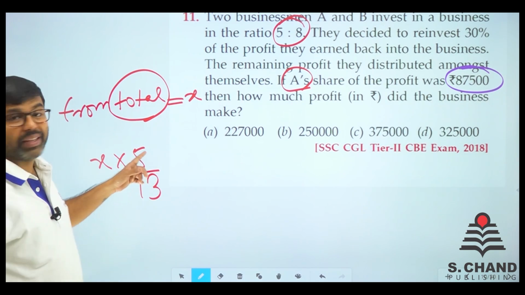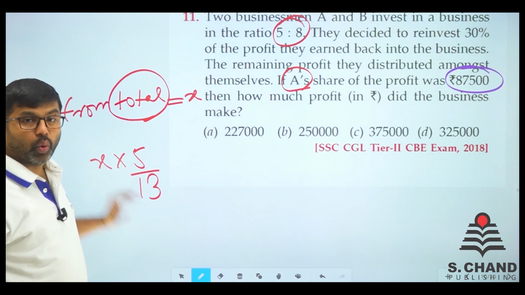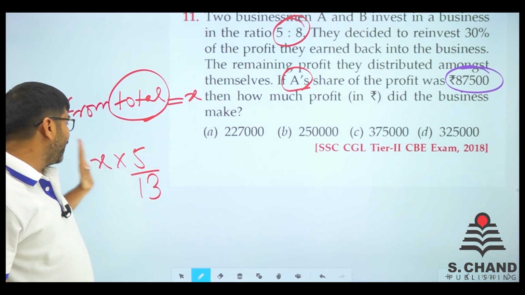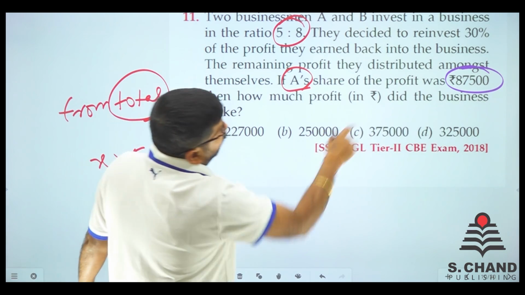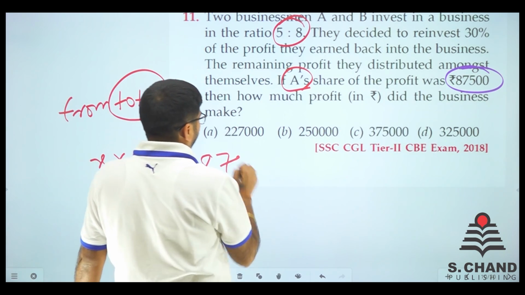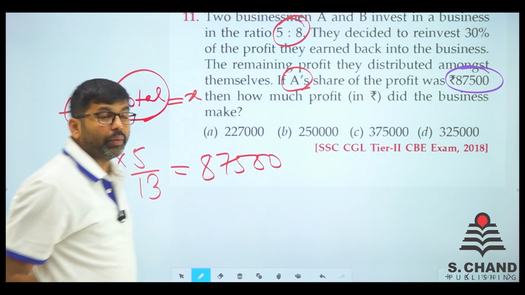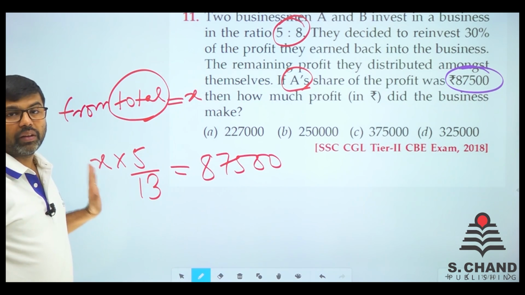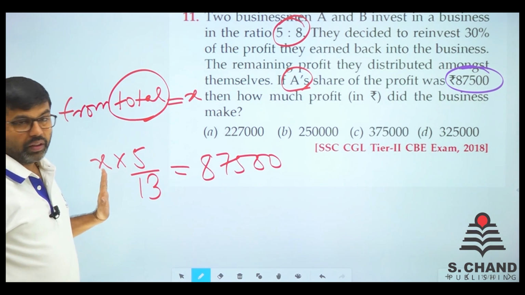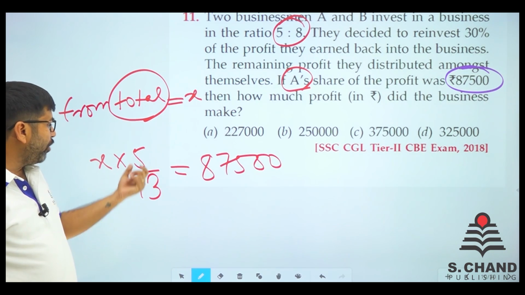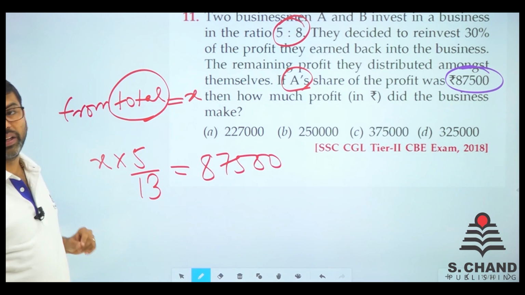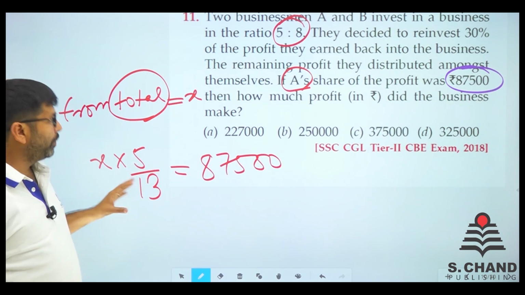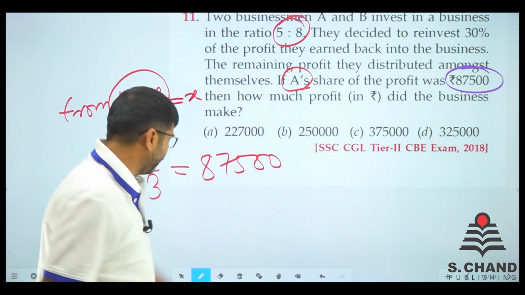See, 5 is A's portion, 13 is the total portion. From the total profit, A got 5 by 13 portion and B gets 8 by 13, right? So this portion is actually 87,500, right?